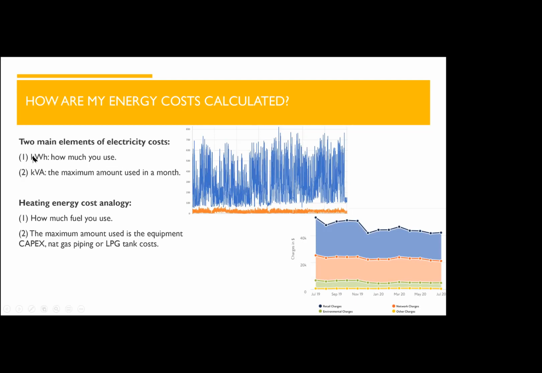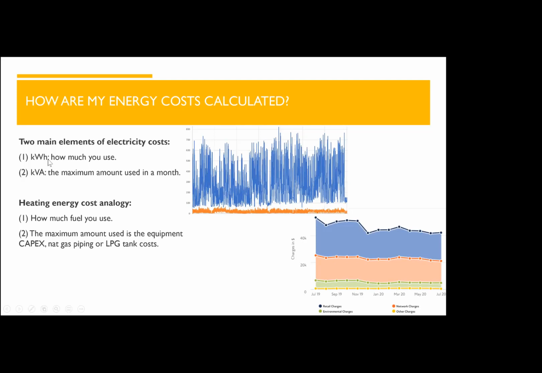A kilowatt rated pump running for 1 hour is 1 kilowatt hour. And the second big one is the kVA, or the capacity charge. You might see these as the NUOS or the GEOS charges, also called network charges, and network charges have a large kVA component, and they also have a kilowatt hour component.